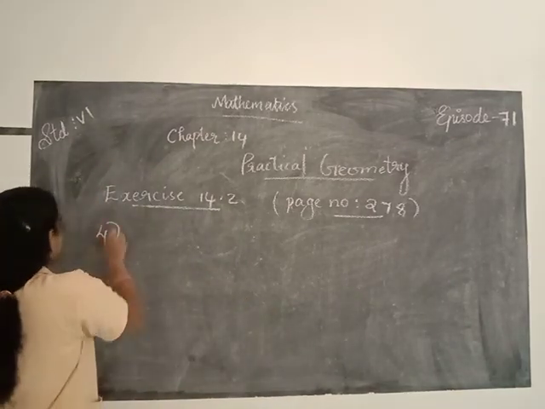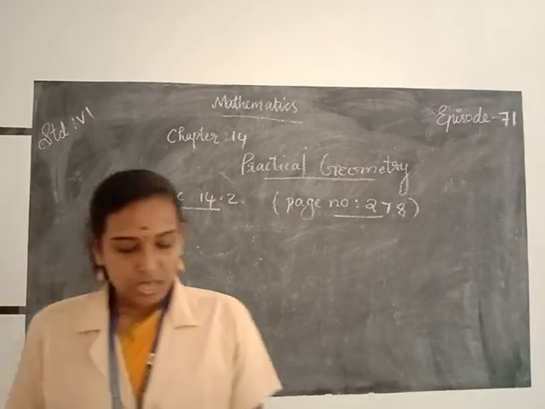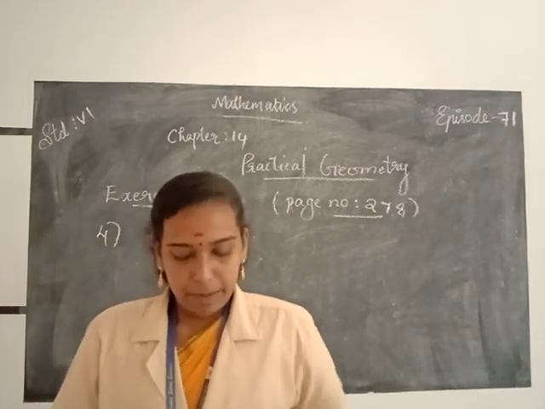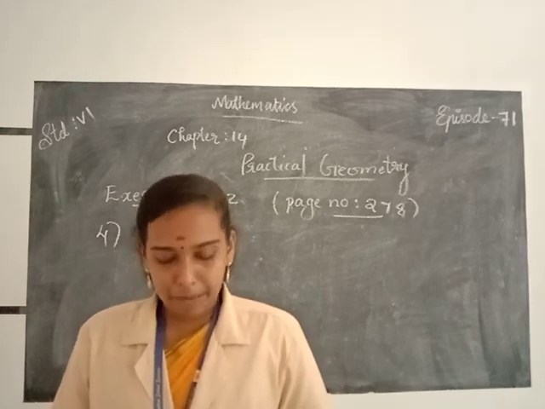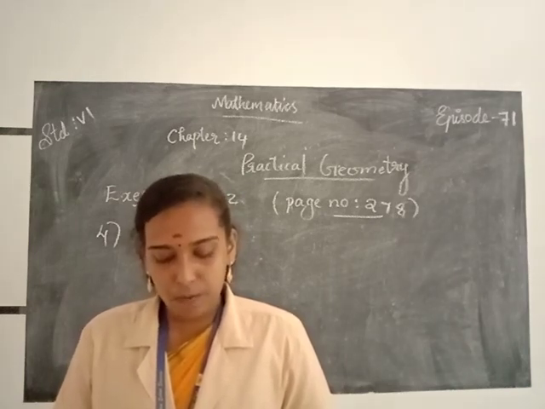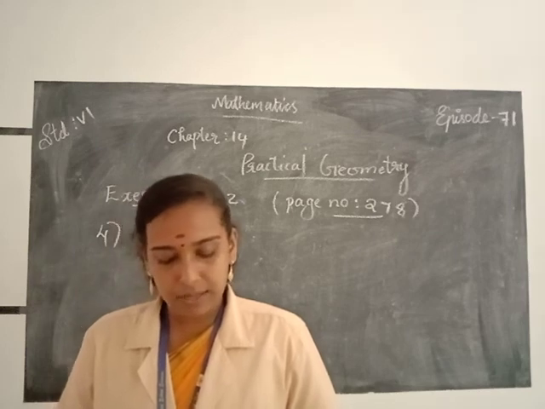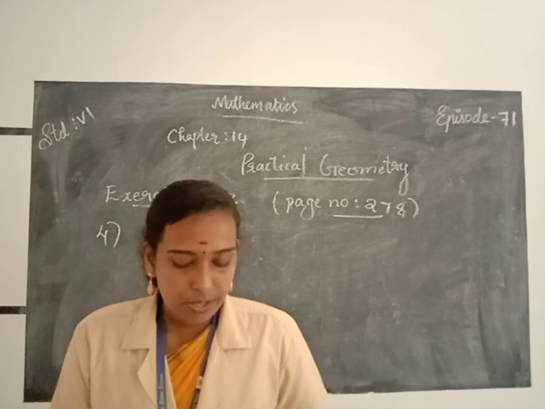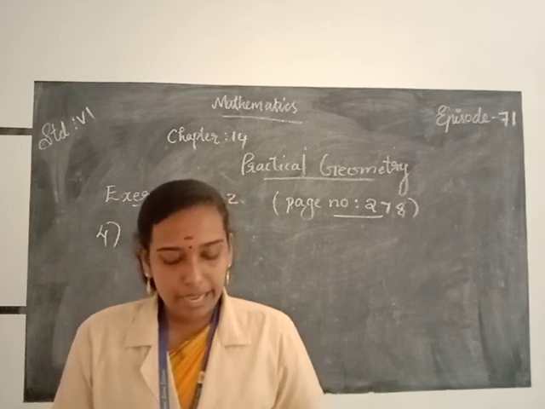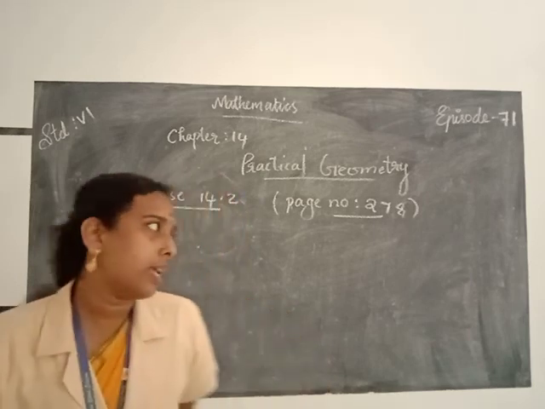Question number 4. Given line segment AB of length 3.9 centimeter, construct line segment PQ such that the length of line segment PQ is twice that of line segment AB. Verify by measurement. So here given line segment AB is equal to 3.9 centimeter.